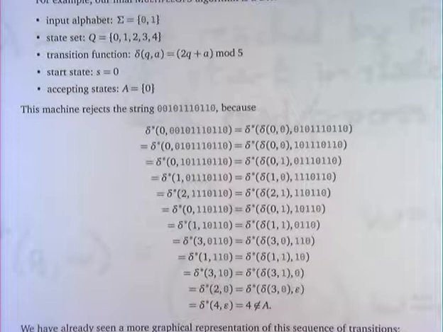Now, what happens is the state machine starts in state 0. It applies this function delta star to the input string by scanning one character at a time. And then if the machine ends in an accepting state, the machine accepts. The light bulb goes off, the machine says ding, you get Skittles.